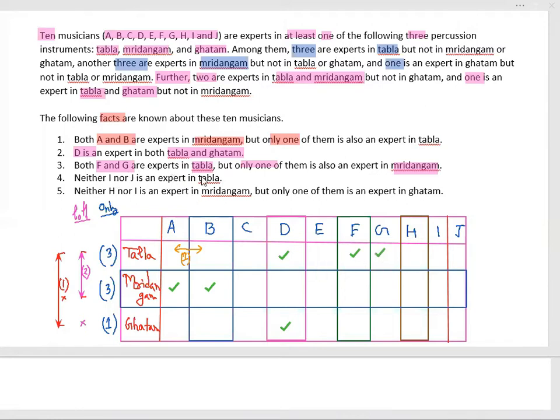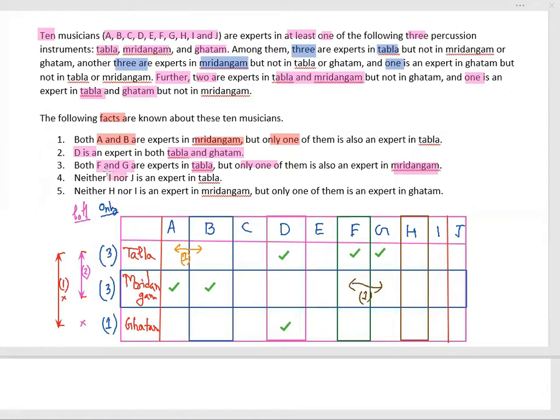But only one of them is also an expert in mridangam, so we need to take the mridangam part also. That means any one of them in this zone also. One. I don't know who it will be. Okay. Next information.